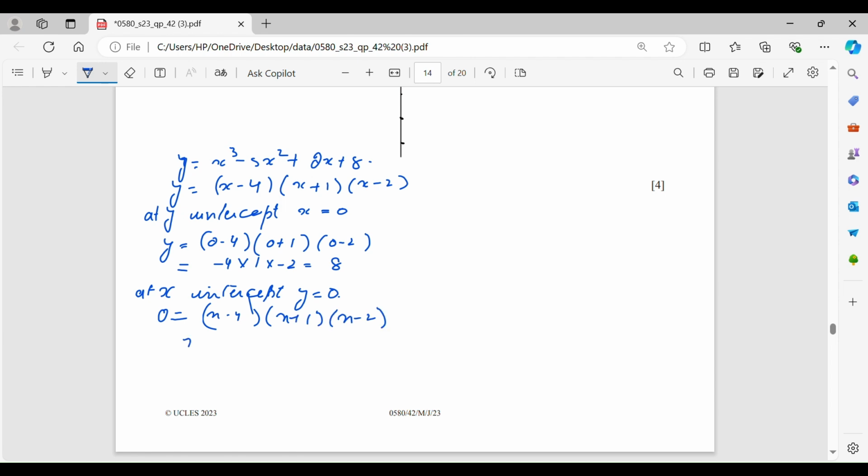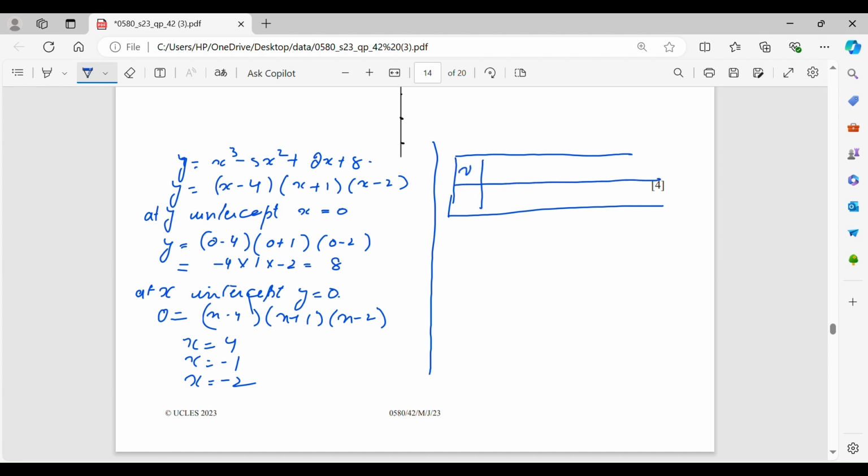So x will be equal to 4, x will be equal to minus 1 and x will be equal to 2, right? So let's find the coordinate points also. These are both intercepts, x and y intercepts. Now we will find the coordinate points.